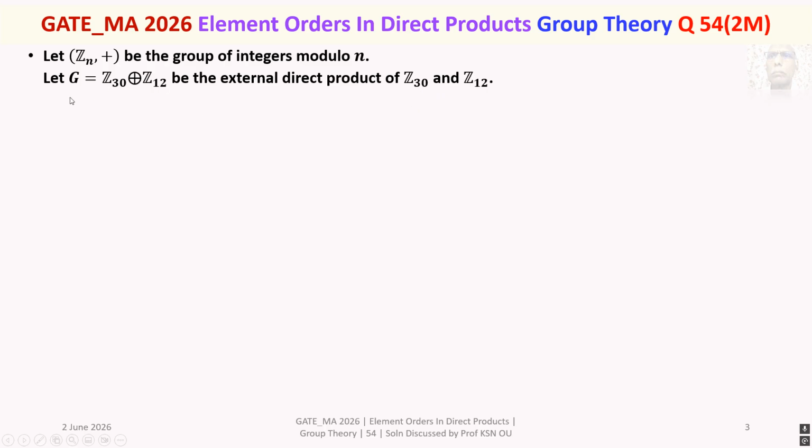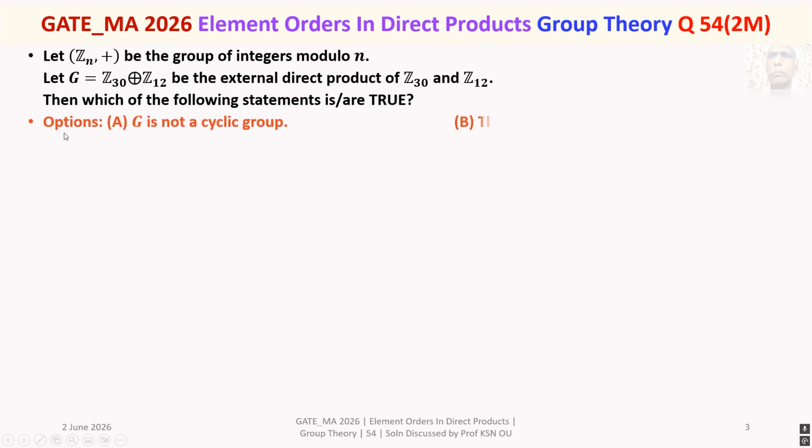It is written like this. Sometimes we read it as Z30 plus circle Z12. Then, which of the following statements is or are true? It is a multiple select question. There may be more than one answer.